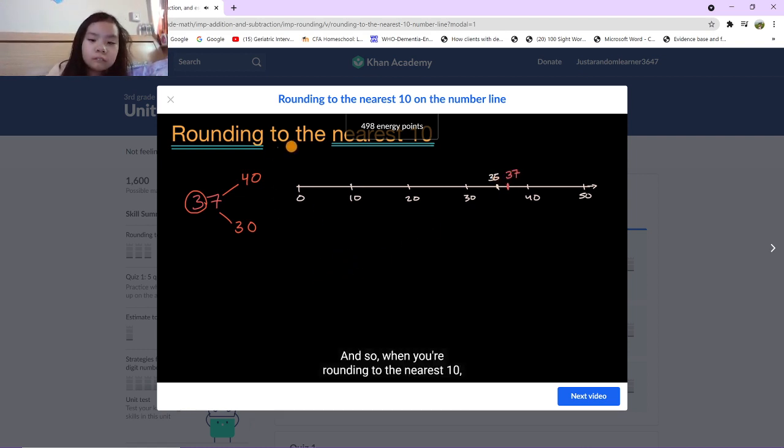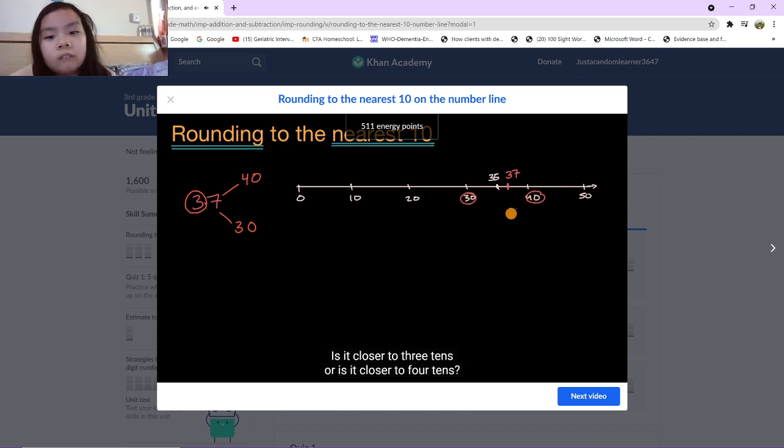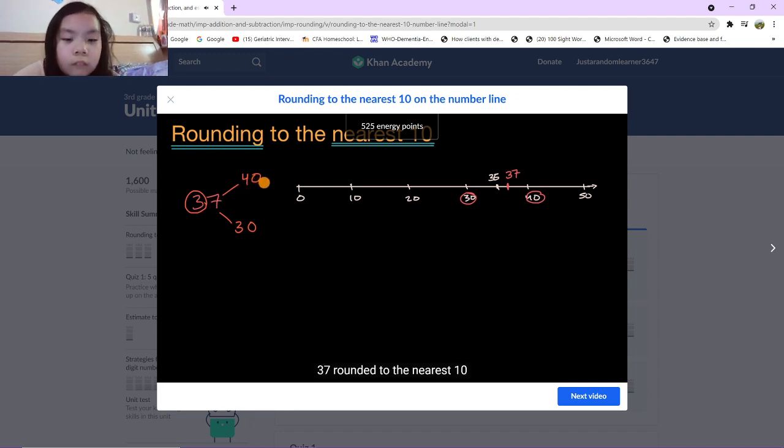And so when you're rounding to the nearest 10, and remember, we're picking between 3 tens and 4 tens, you say, which 10 is it closest to? Is it closer to 3 tens or is it closer to 4 tens? Well, you can just look at this and say, hey, it looks a lot closer to 4 tens. And so in this situation, 37 rounded to the nearest 10 is going to be 40.